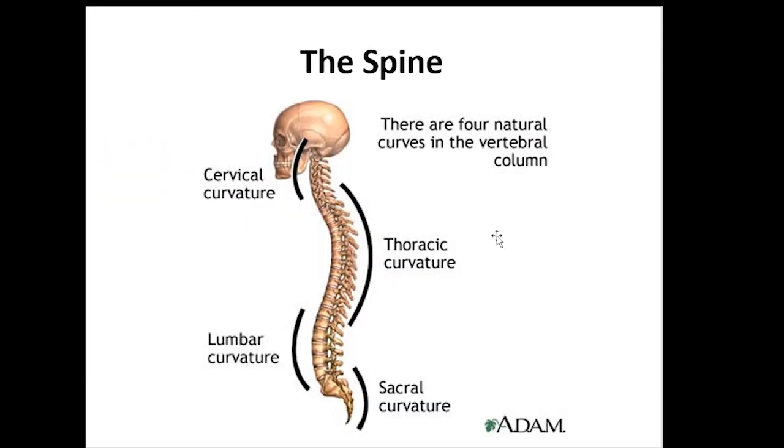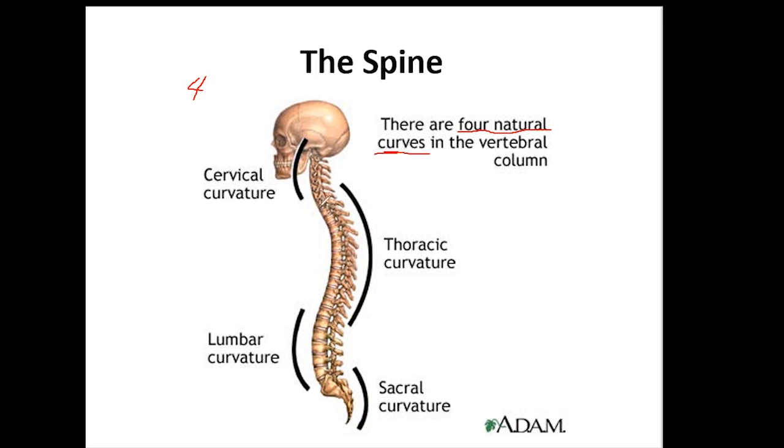Now we're moving to the spine. When we're talking about the spine, basically we say normally we have 4 natural curves in the spine. That's the normal situation.